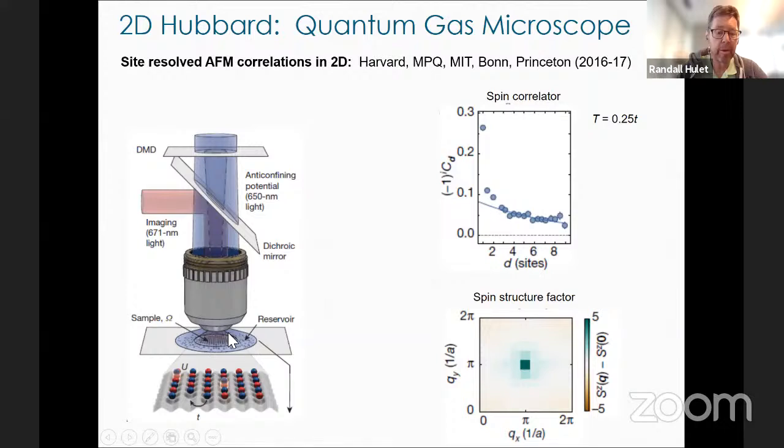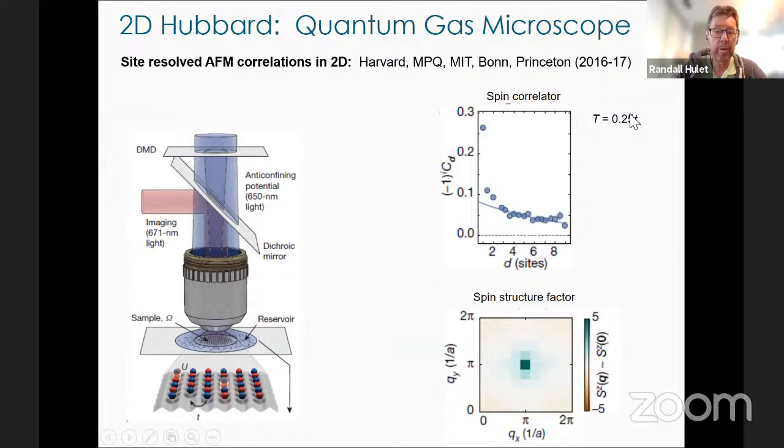There's an inner region in here that they're interested in. It's something like, I don't know, 10 by 10 sites. Surrounding that is a reservoir, which sucks away entropy from the center and allows the center to be colder. In fact, they're able to get down about a factor of 2 less than we were.